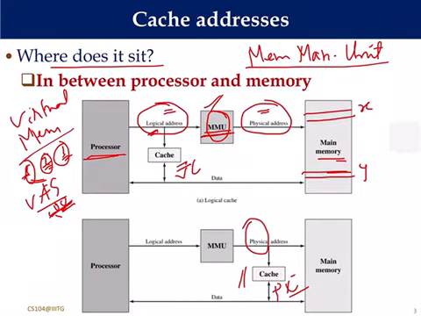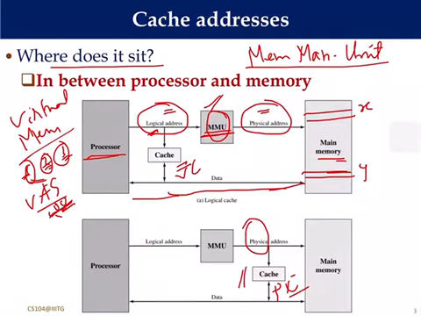This is just to give you an essence, but for our discussion we won't be considering the MMU in between. We'll assume the CPU generates only one address and that address is seen by main memory. It's a straight line, the same address.